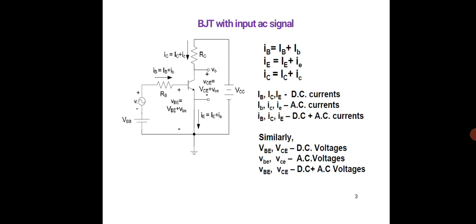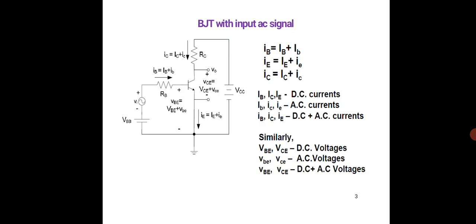So this is actually the BJT with input AC signal. Here iB, iE, iC are indicated with small letters. Each is equal to the uppercase IB, the DC part, plus the lowercase ib, the AC part, and similarly for IE and IC.